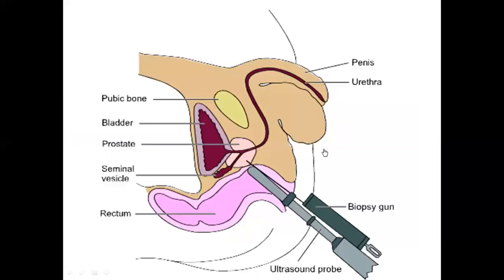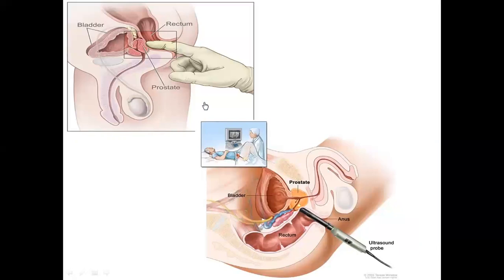This is the way we generally take a biopsy with the help of a biopsy gun by passing the probe through the rectum and anal orifice. Again, this is for rectal examination. We can check it through an ultrasound probe also if there is any malignancy or any benign prostatic hypertrophy.